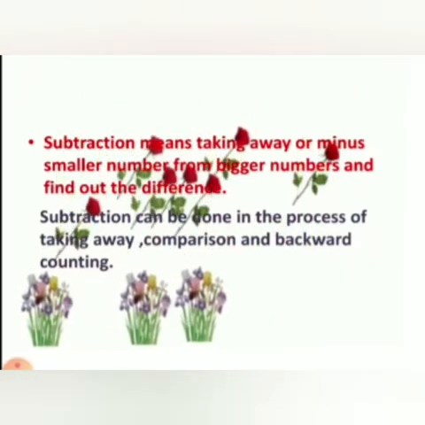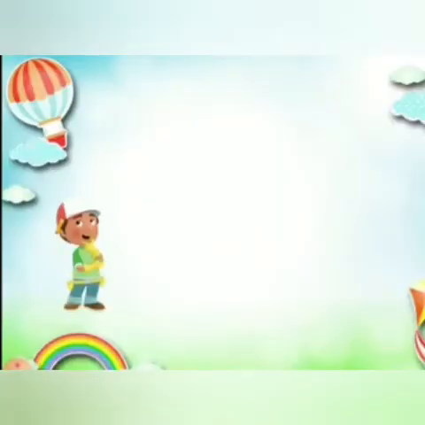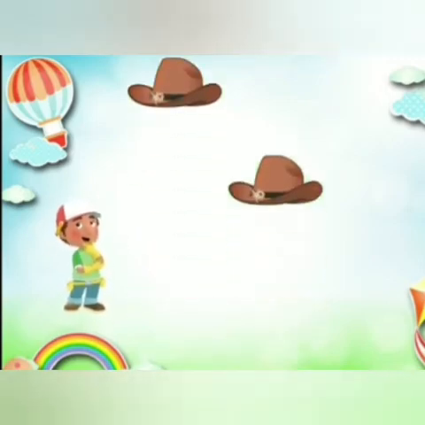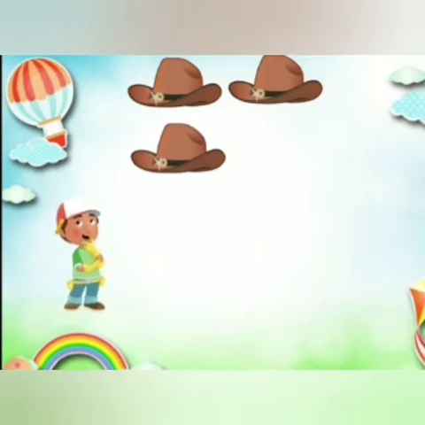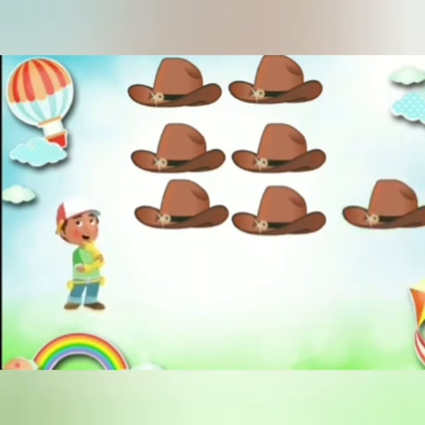I will explain you with some examples. Here is a boy who is having so many hats. So let's count how many he has. 1, 2, 3, 4, 5, 6, 7. He has 7 hats.